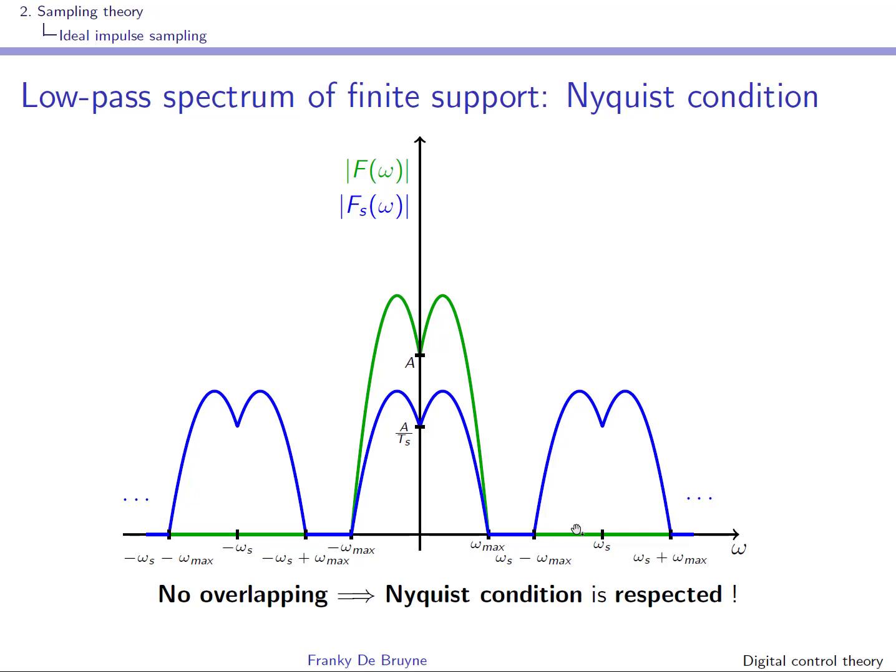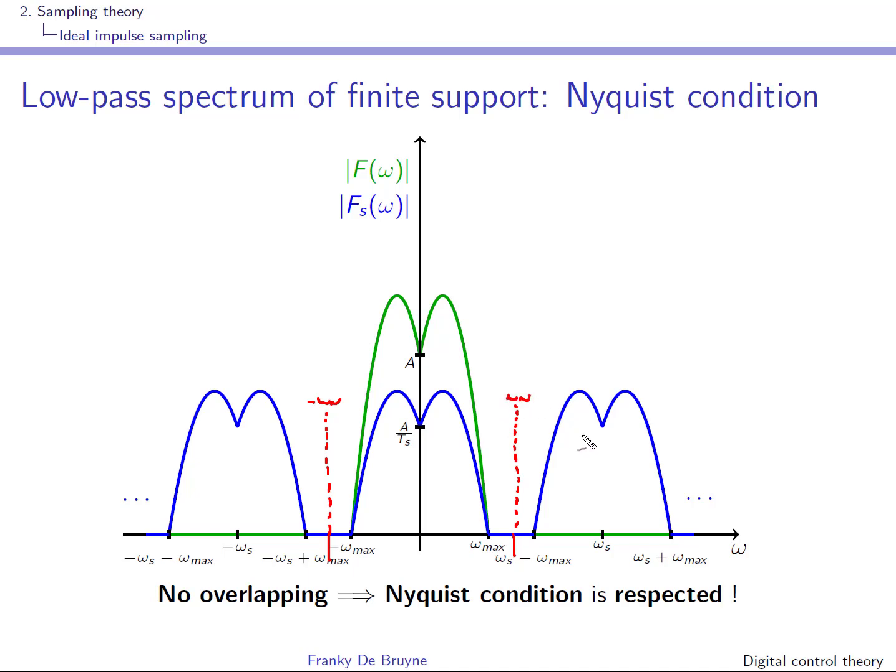So at reconstruction, what we'll do is select everything in between minus the Nyquist frequency, so this is minus omega N, and plus the Nyquist frequency.